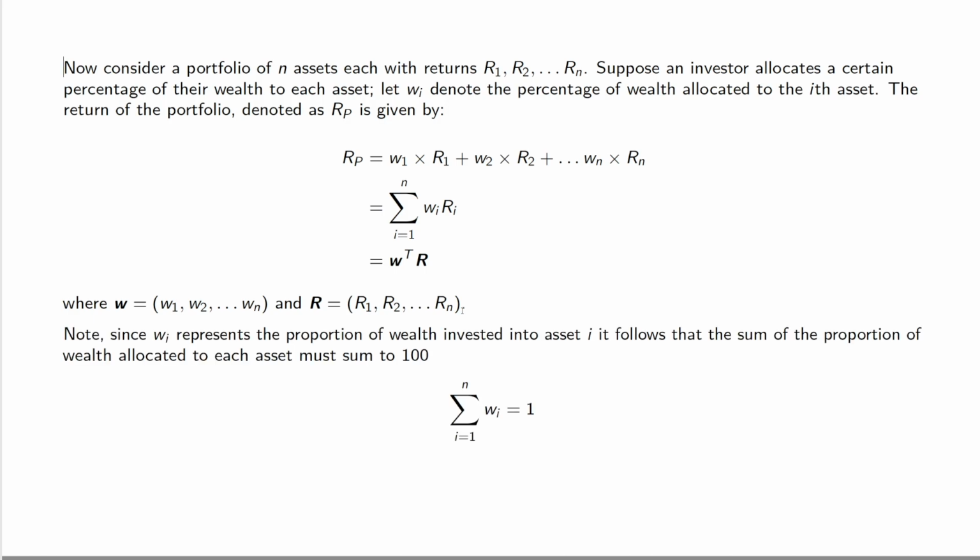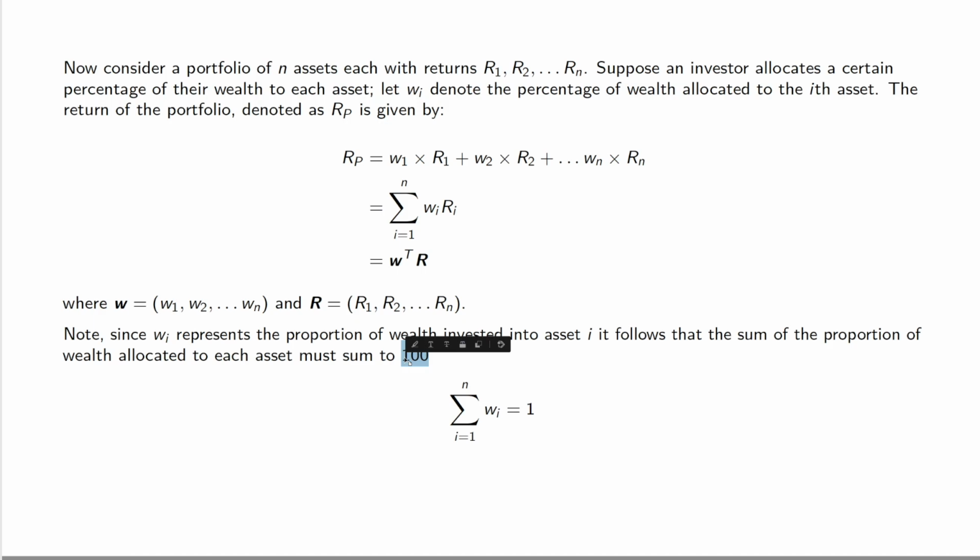Note that the weights W_i represent the proportion of wealth invested into asset i, so it follows that the proportions of wealth allocated to each asset must sum to 100%, or in other words, 1.